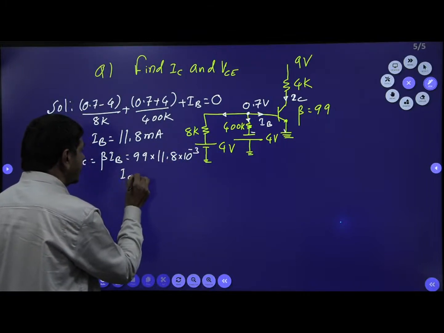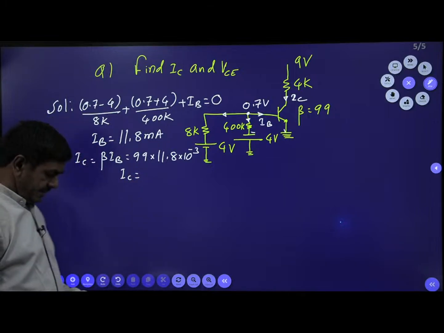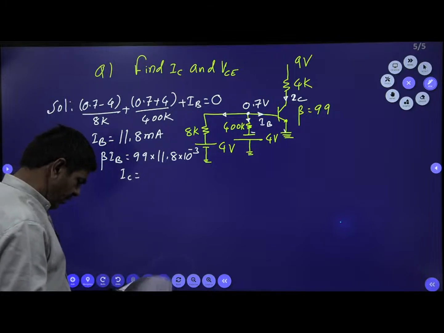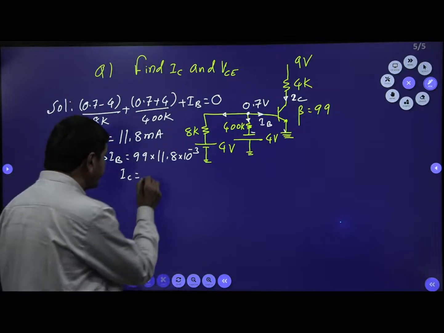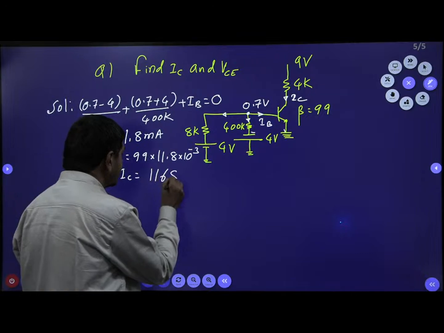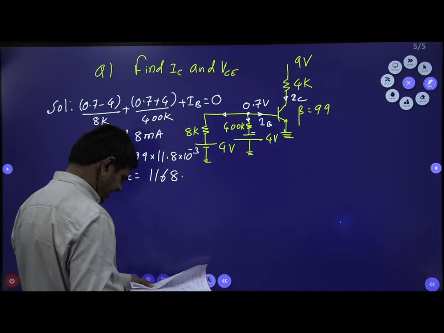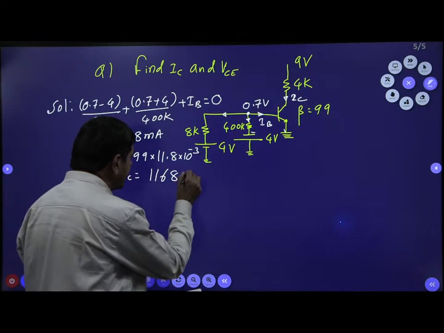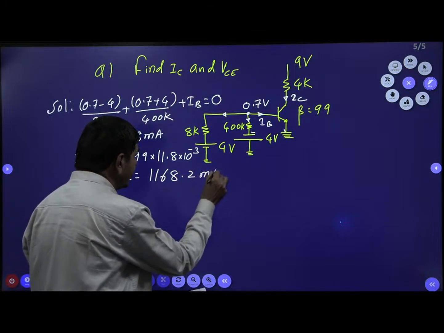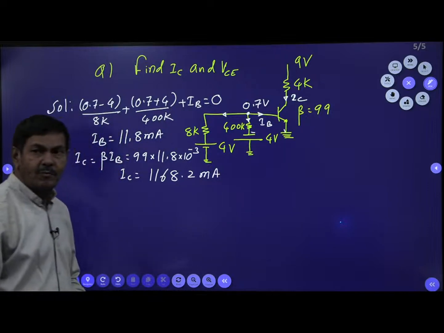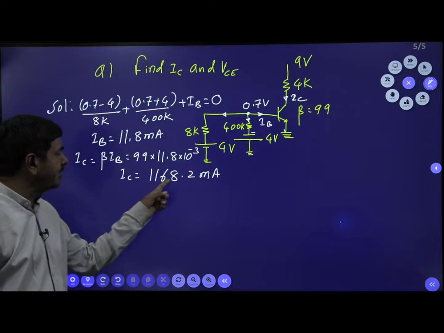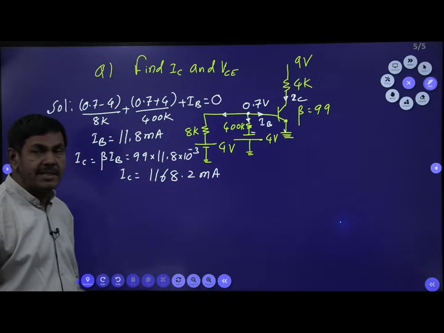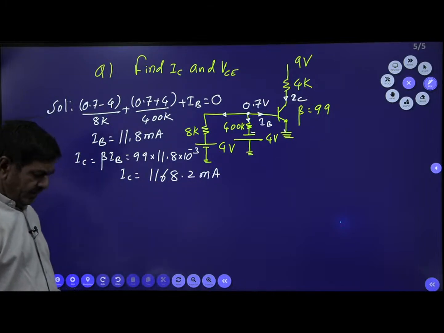Finally, the collector current is 1168.2 milliamperes. That much high current is 100% impossible. Yes, we got IC equal to 1168.2 milliamperes.